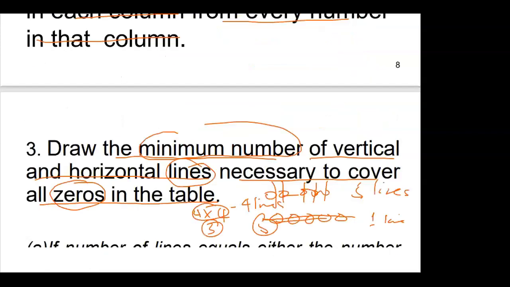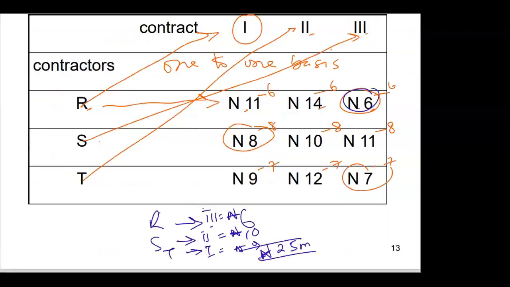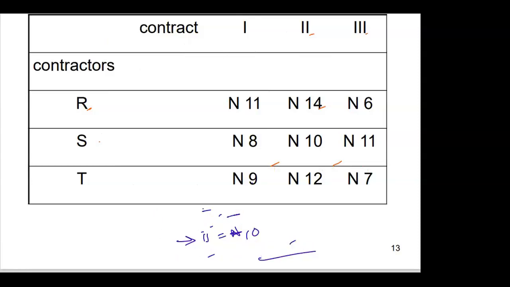Now, let's look at this. If this is a maximization problem, identify the highest number. What is the highest number? 14 in this row.